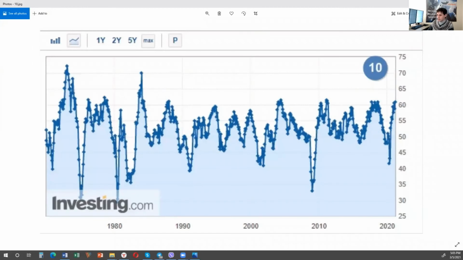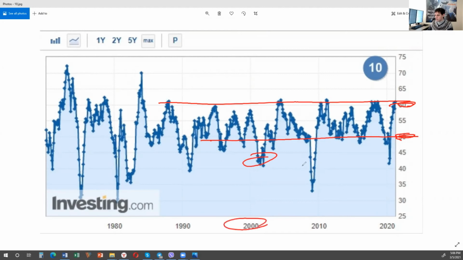you visually see these business cycles. And the moments of crisis, 2000, 2008, and the pandemic crisis.